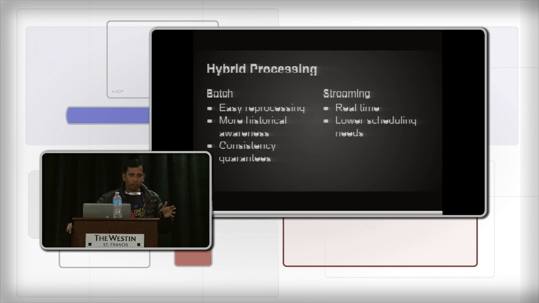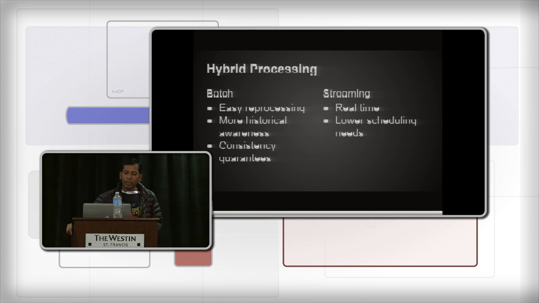That is not very trivial in streaming because data is always coming. There's no notion of start and end. And while doing batch, you could make aggregations on historical data. You have more context than in a streaming environment. And of course, consistency is easier to guarantee in the case of batch processing.